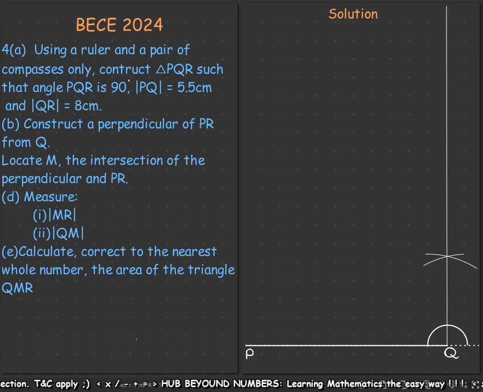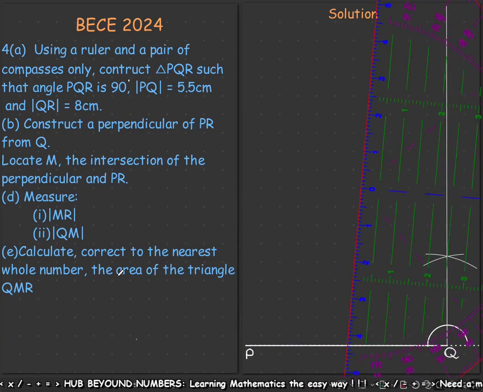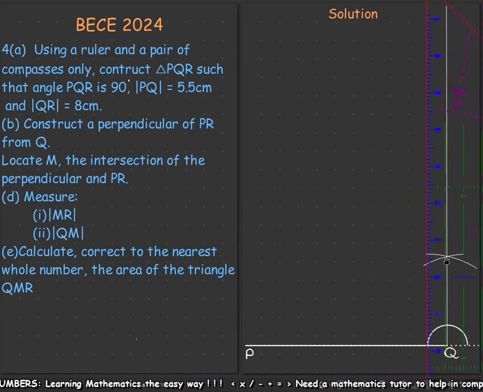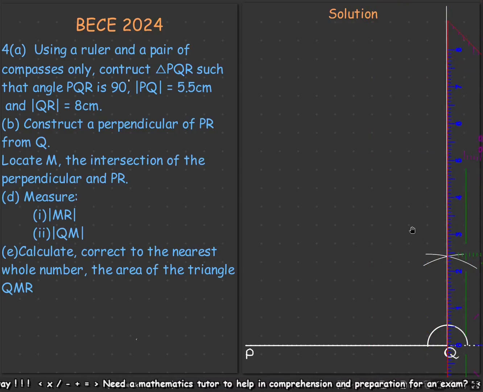With that, we take our ruler and measure 8 centimeters of the line you have drawn over here. So I will adjust, and this being my 0, I then measure 8 centimeters. So as you can see, this is my 8 centimeters.